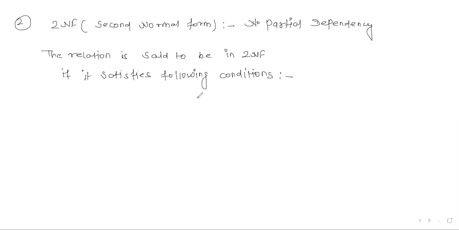Now, what are the two conditions? First, if you're asked whether the relation is in second normal form or not, then the first thing you have to check is that the relation should be in first normal form, first of all.